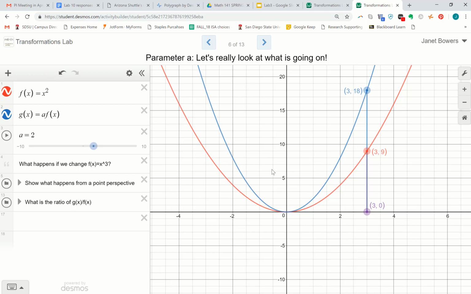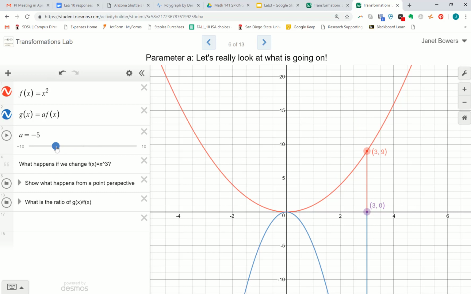So what's happening from a pointwise perspective is that the y value has a multiplicative effect rather than an additive effect. So as the y values increase, then when you multiply them by any positive number, they're going to increase. When you multiply them by a negative number, the y value is going to become negative.